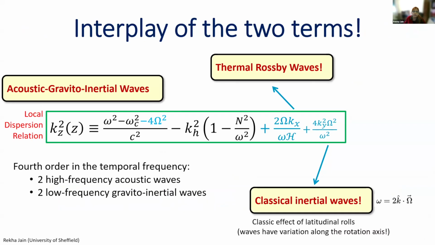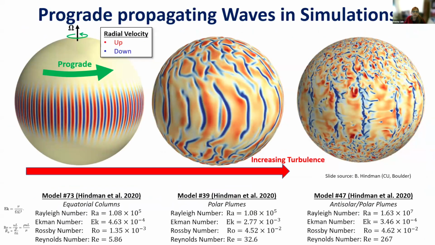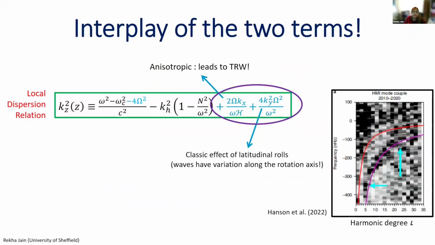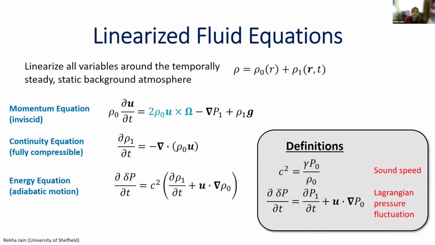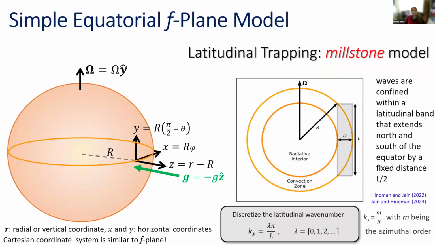But the actual model results I was showing were for the Millstone one, the cylindrical model that we take. So now the latitudinal wave numbers are discretized, so they're no longer plane wave solutions.